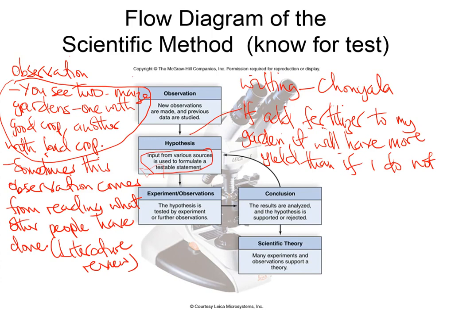After you do your experiment, then you make a conclusion. You have your data, you analyze the data. After the analysis, you can say, oh, now after I have done all the analysis, after I have looked at my data, I see that the garden with more fertilizer has more yields, has more crops than the garden without fertilizer, or than the garden with less fertilizer.